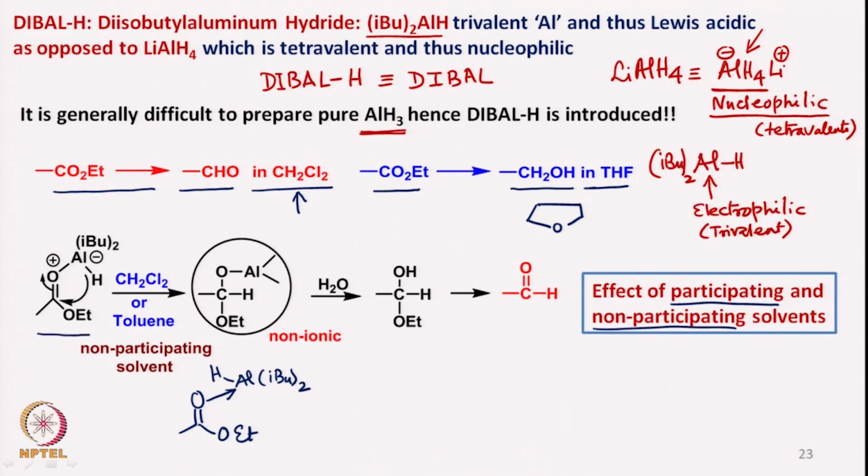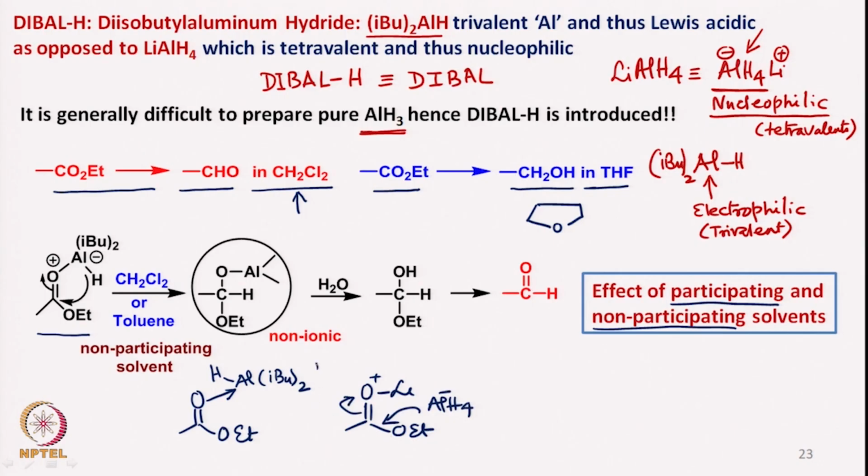That is not the case with lithium aluminum hydride. In the case of lithium aluminum hydride, the reducing species is AlH4 minus, which is nucleophilic, and lithium plus is electrophilic. Lithium plus interacts with the oxygen of the ester and initiates the reaction, where the nucleophilic species AlH4 minus then interacts at this center to form this.